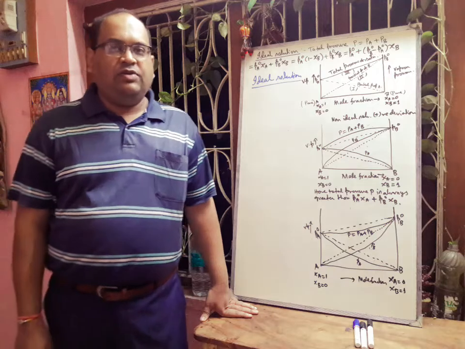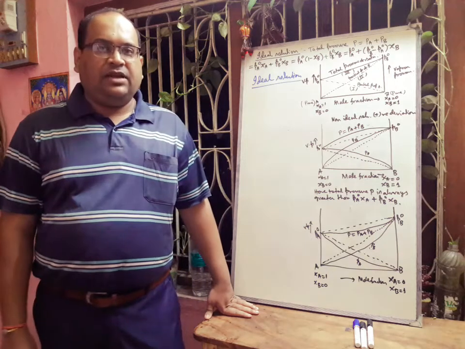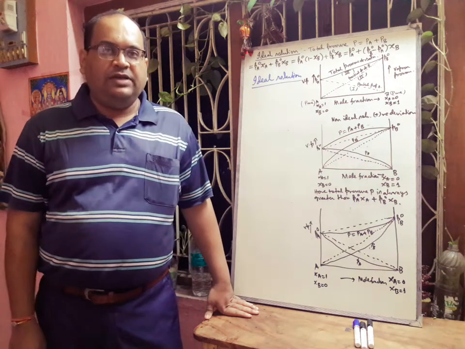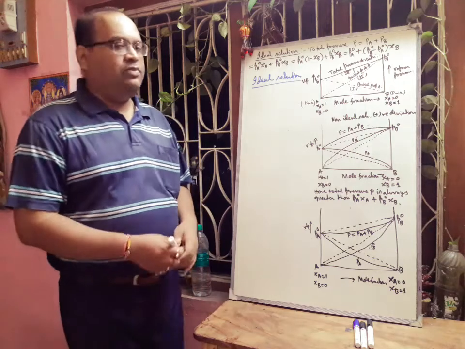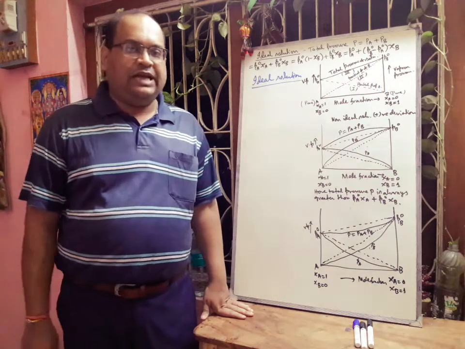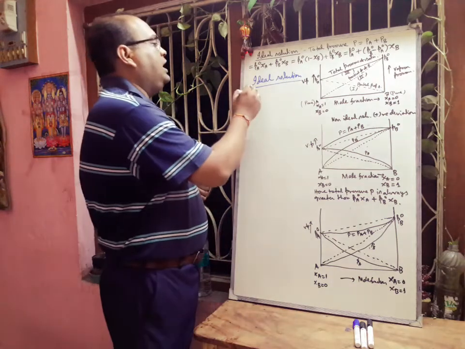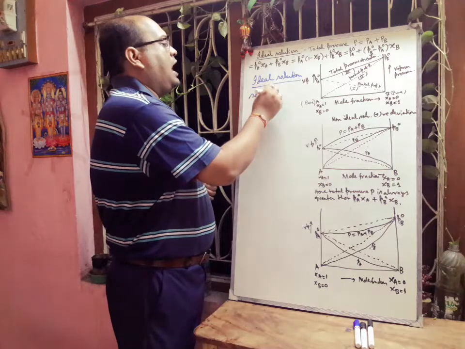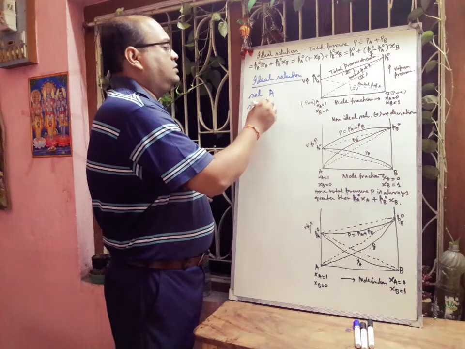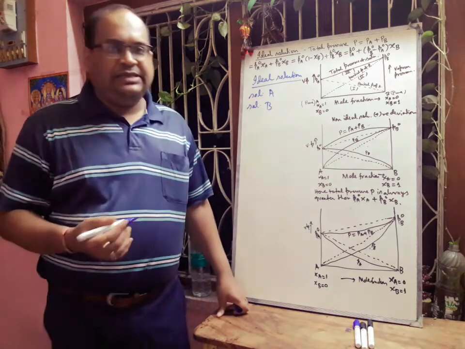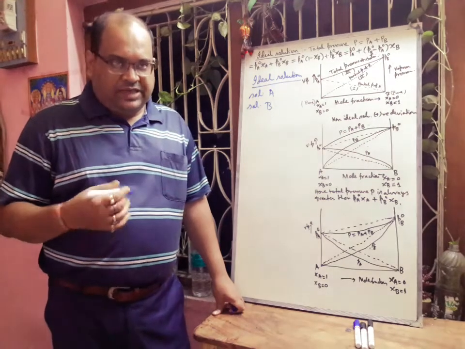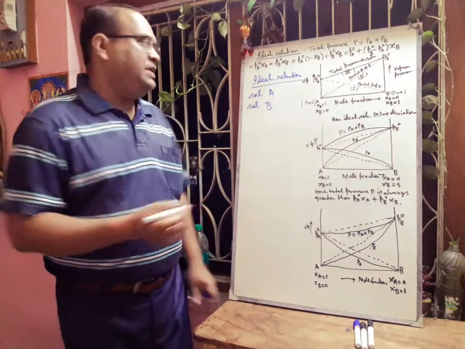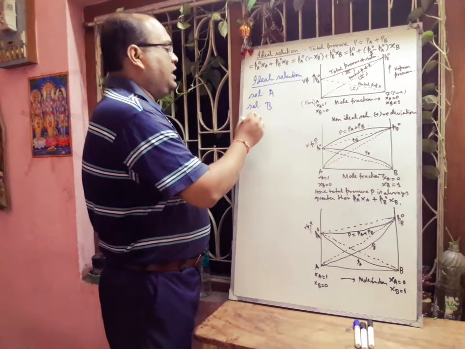Now, according to Raoult's law, the vapor pressure of the two liquids forming a solution may be given as follows. Suppose we are taking two liquids, one is A, another is B. Then if we mix these, the partial pressure of A will be PA.